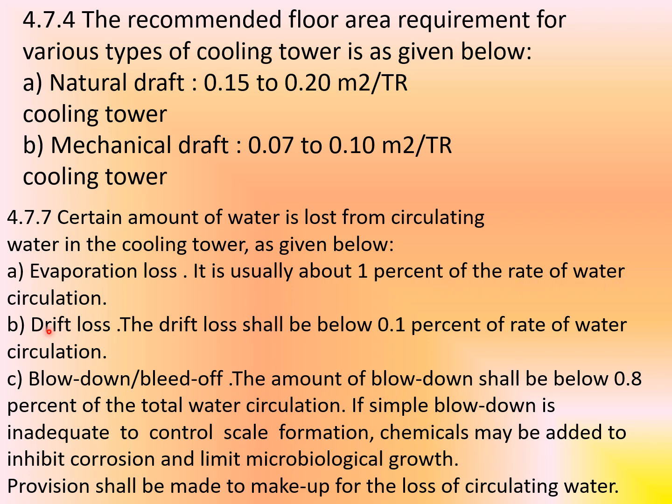Second, drift loss. The drift loss shall be below 0.1% of rate of water circulation. Third, blow down or bleed off. The amount of bleed down shall be below 0.8% of the total water circulation.